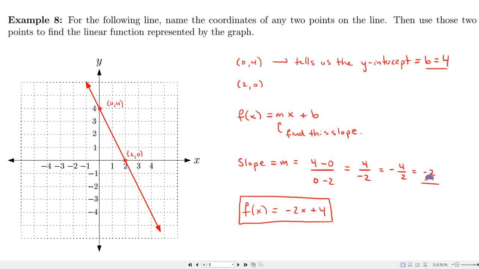And to see that that slope is also -2, if we're trying to go from (2, 0) to this point here, we would have to go negative 1 in the x direction and then positive 2 in the y direction, which gives us -2.